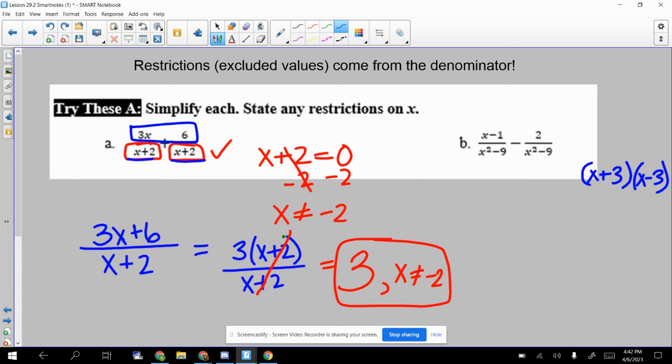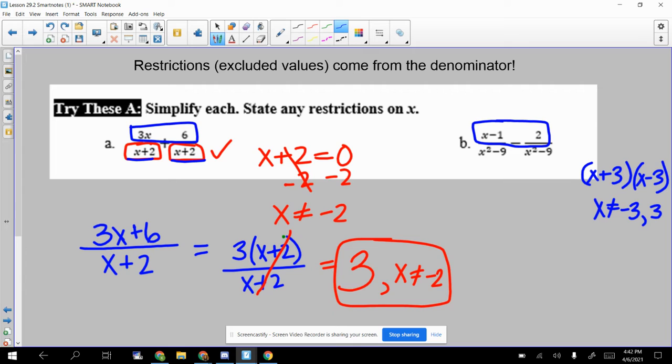And so if we want to come up with our restrictions, we would say, okay, if we set x plus 3 equal to 0, we know x cannot equal -3. And if we set x minus 3 equal to 0, we know x cannot equal +3. Okay. So now let's go ahead, and this one is asking for subtraction. So let's go ahead and subtract on the top here.